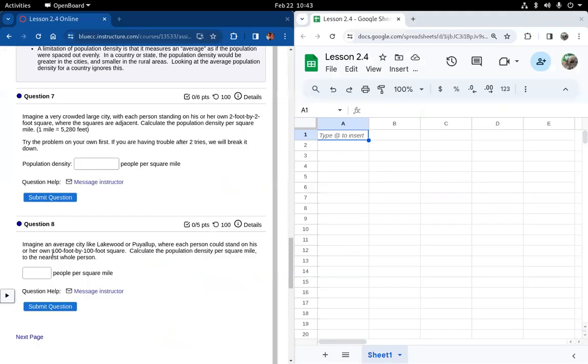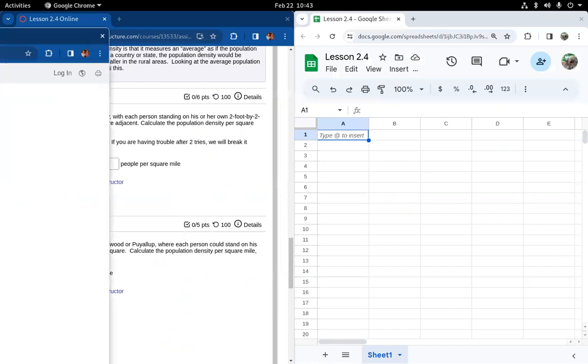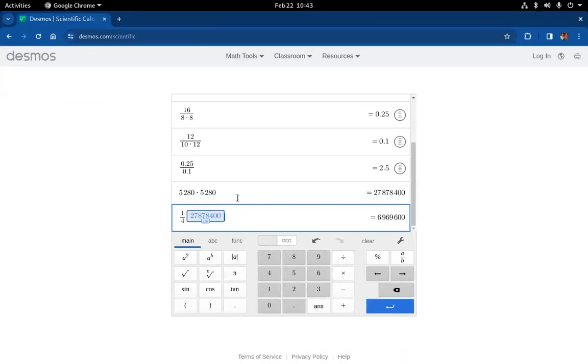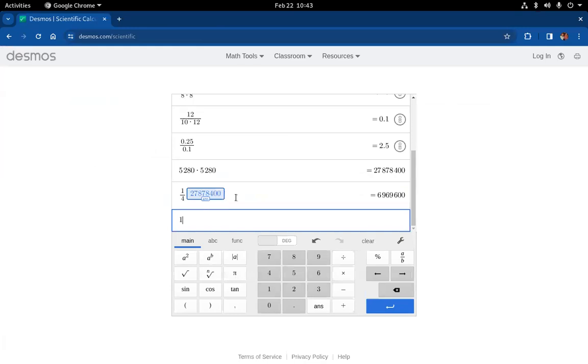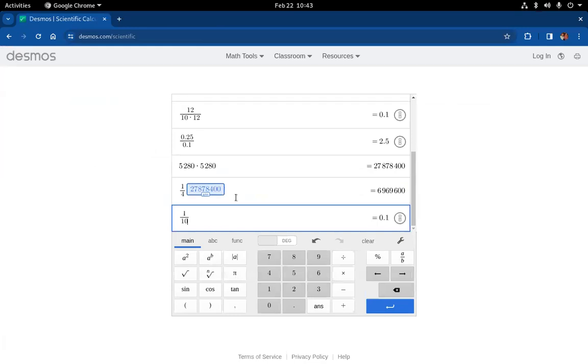So I'm looking at this problem right here, 100 by 100. So if we check that on our calculator, 1 person per 100 by 100 square foot, and we take that times our square feet in a square mile, 27,878,400, then we get a way less populated area, but still, that's a lot of people.